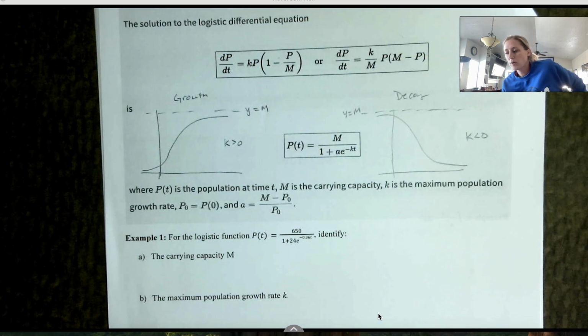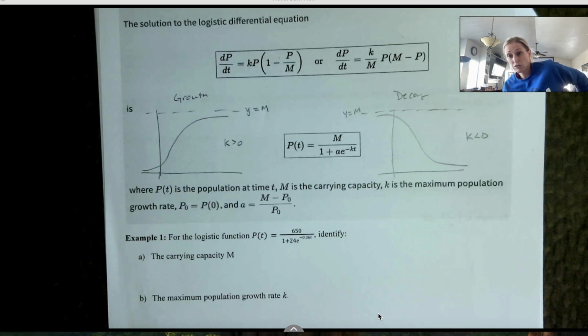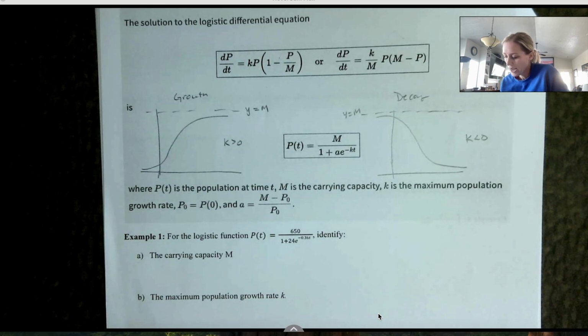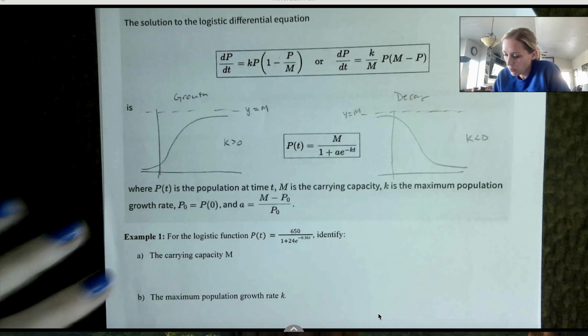One of the questions we're going to be asked occasionally is when is the population growing the most rapidly? If we think about that, it's when the slope is the steepest, which happens when the slope changes from increasing to decreasing or vice versa, i.e. an inflection point.